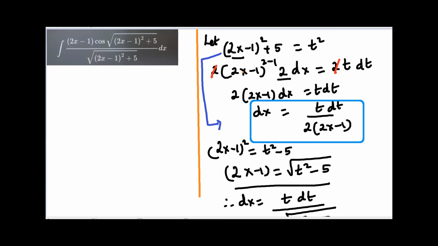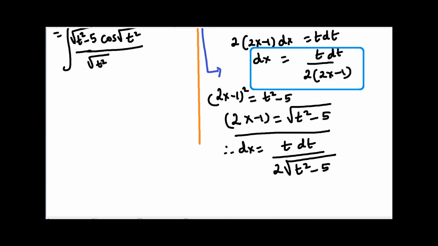So this question is rewritten as the integral of 2x - 1, that's going to be the square root of t squared - 5, times cos of the square root of (2x - 1) raised to the power of 2 + 5, that's going to be t squared, divided by the root of (2x - 1) raised to the power of 2 + 5, that's going to be the root of t squared, and dx, this is another place people will make a mistake.